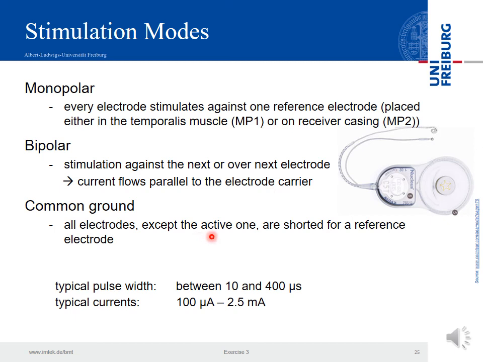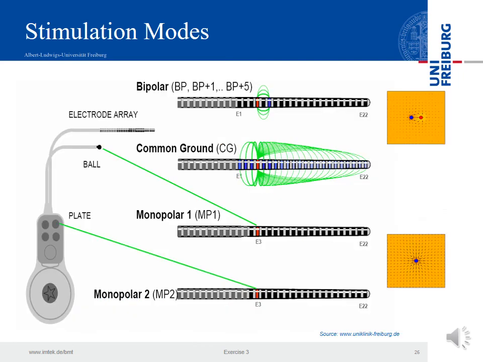Currents can go up to the milliamp range, and frequencies are relatively high in cochlear implants, above 100 Hertz. This is how it looks like if we stimulate bipolar.